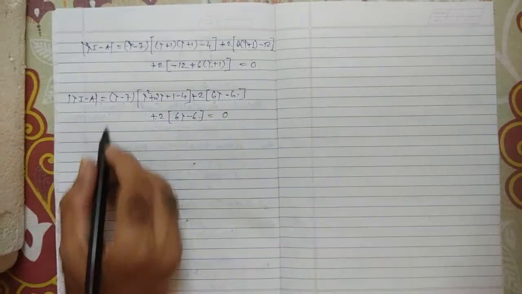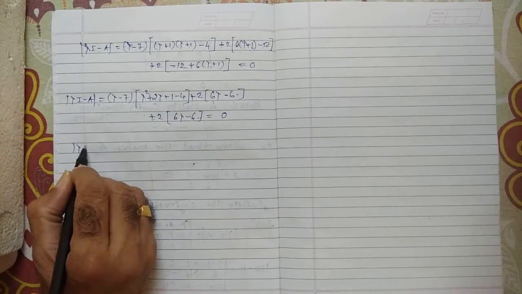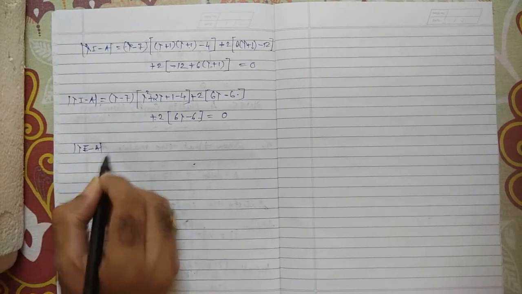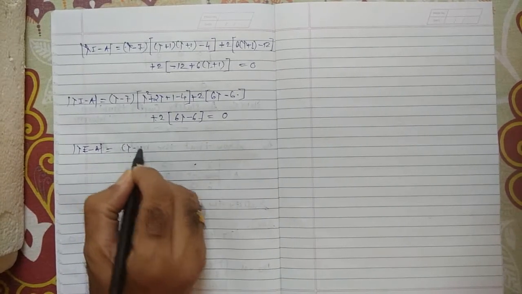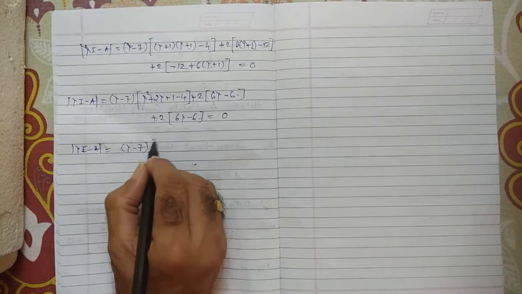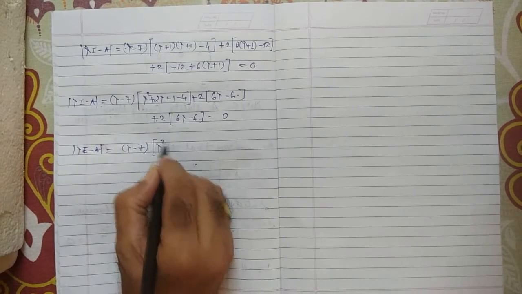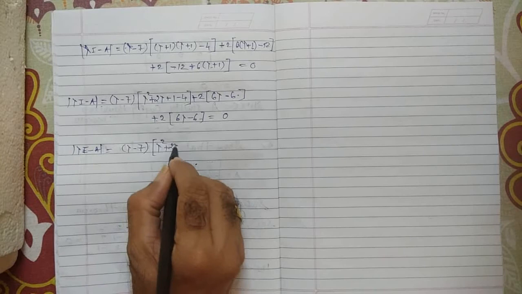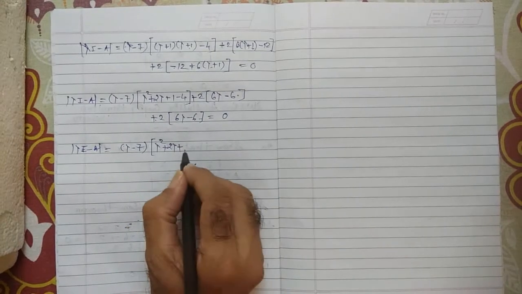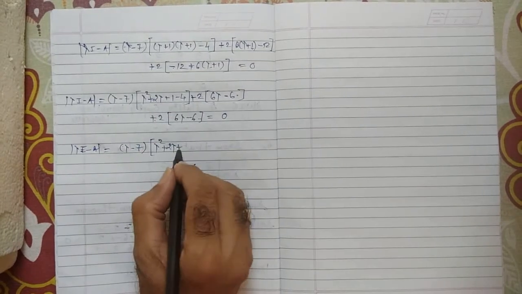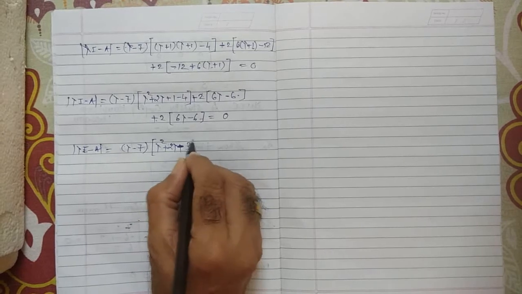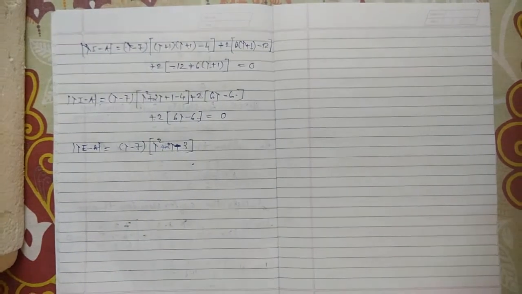So we can write lambda I minus A equals lambda minus 7 in bracket, lambda square plus 2 lambda plus 1 minus 4, so this becomes minus 3.